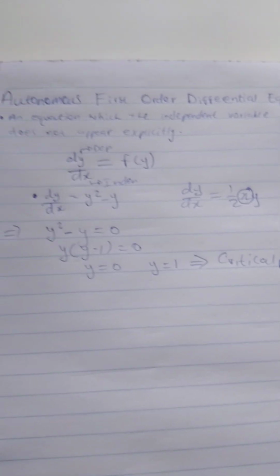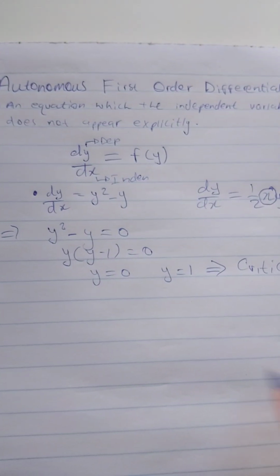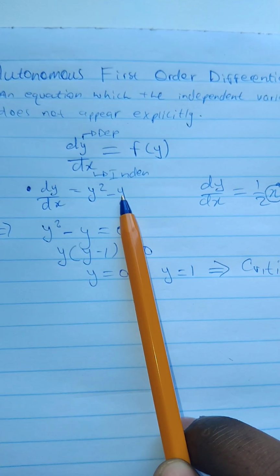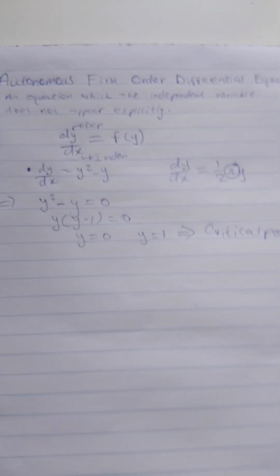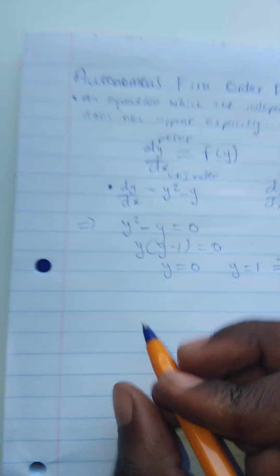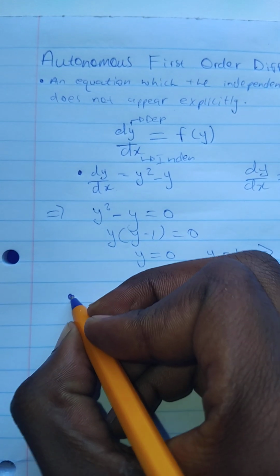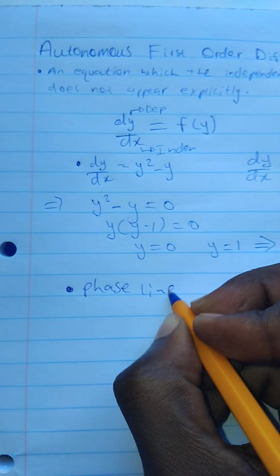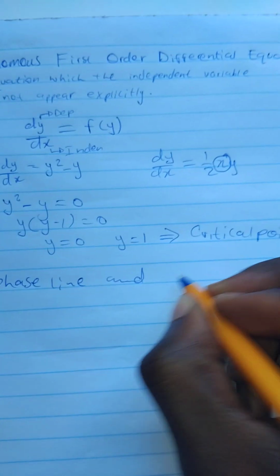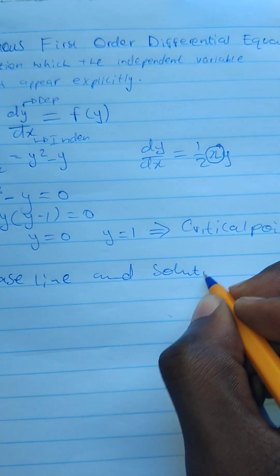So every time you're dealing with an autonomous differential equation, you set it to 0 to find your critical points. Now, what is the purpose of those critical points? We're going to use the critical points to draw our phase line and solution curve.